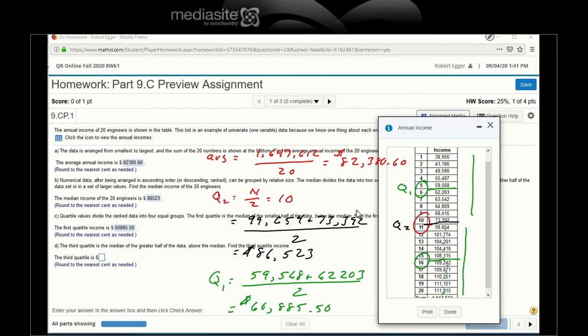So between Q3 and Q2 is 5, between Q3 and the max is 5.